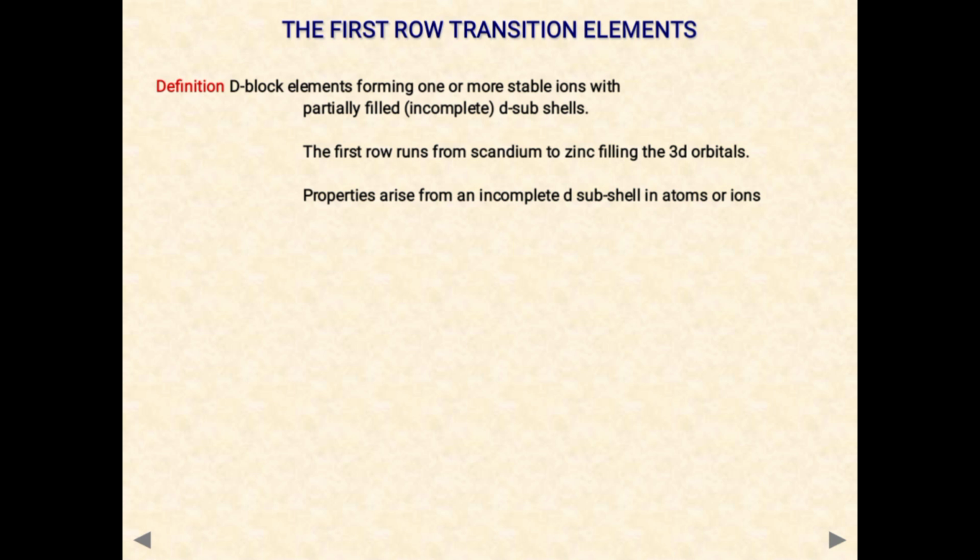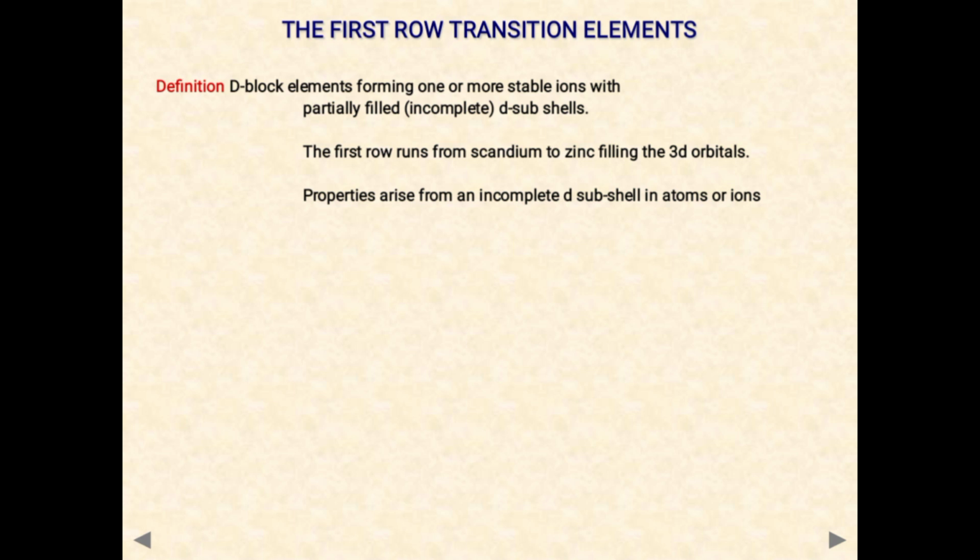But if the element, like in the case of zinc, has 10 electrons on its d orbital, it is not considered a transition element, but it is considered a d block element. So this tells you that all transition elements have electrons on their d orbitals.